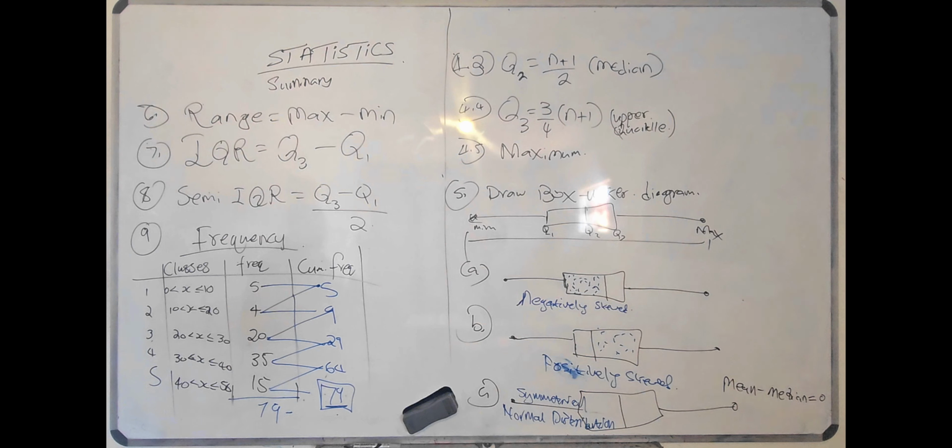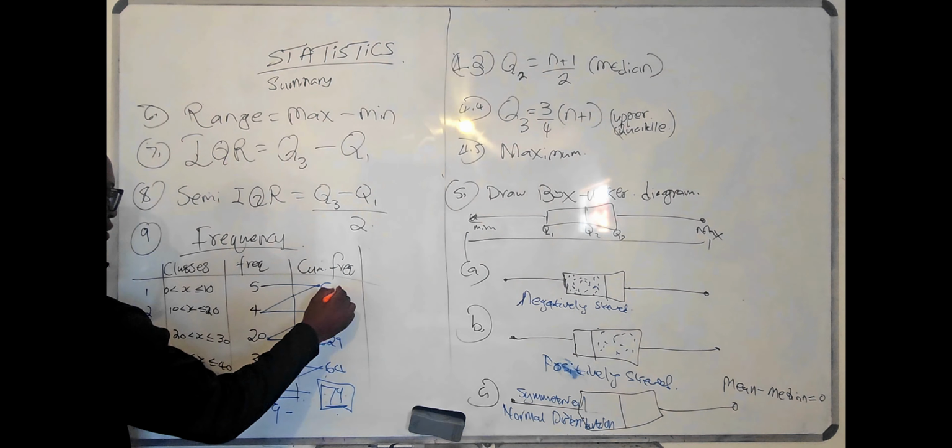Therefore, you're going to use the cumulative frequency to draw the ogive. When you draw the ogive, this is what you need the cumulative frequency for. You're going to use these numbers again.